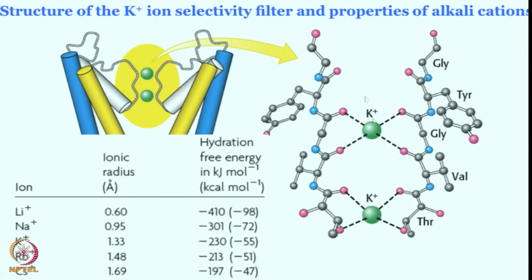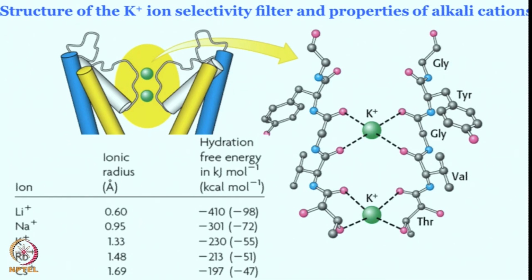On the other hand, for lithium and sodium, since the hydration free energy is quite high, water molecules would not like to drop off from the lithium and sodium primary coordination sphere, and therefore they would like to stay as lithium aqua complex and sodium aqua complex, which has a large radius compared to, of course, the ionic radius of free lithium and sodium.